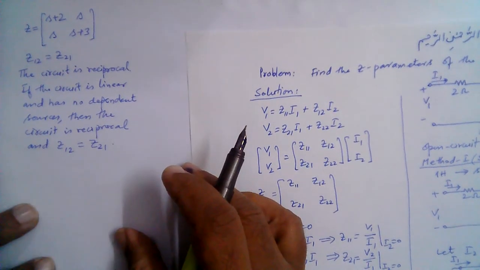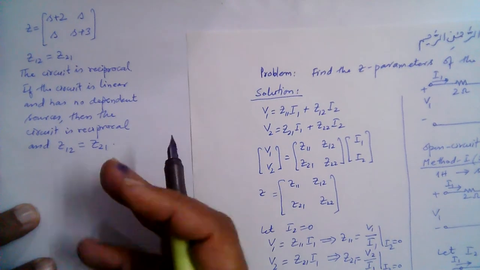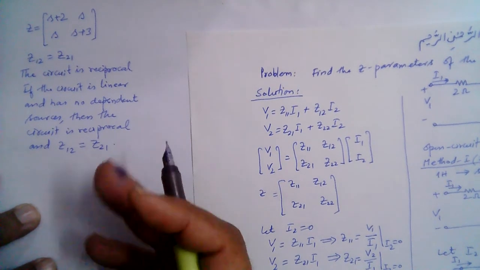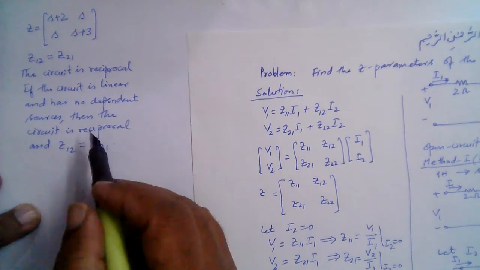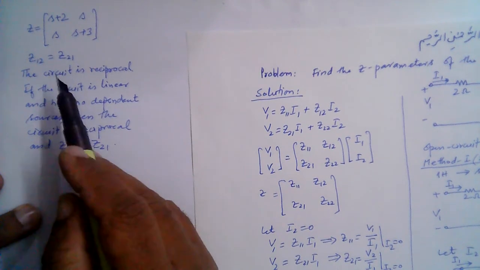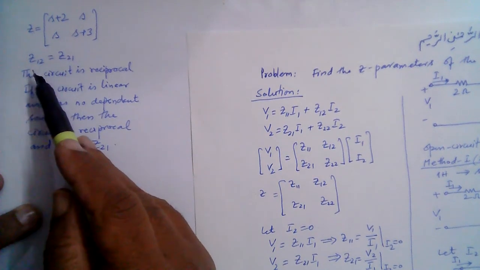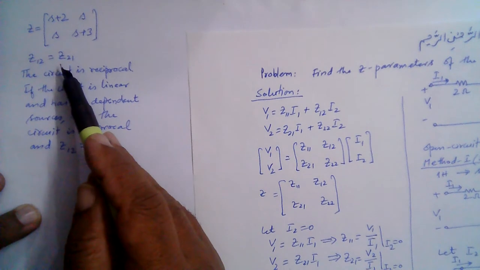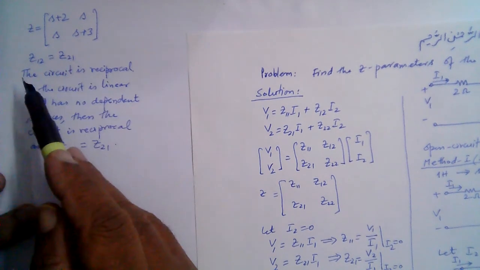So what do we mean by reciprocity, or by the circuit being reciprocal? It means that the transfer impedance from port 1 to port 2 is equal to the transfer impedance from port 2 to port 1.